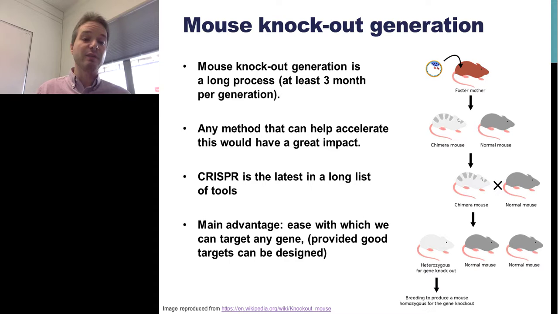And CRISPR was just the latest in a long list of tools people have used, zinc fingers, TALENs, and so on. The main advantage with CRISPR in theory was the ease of use and the potential efficiency of the method. That's why people got very excited about that technique. That's how we started working in that space.